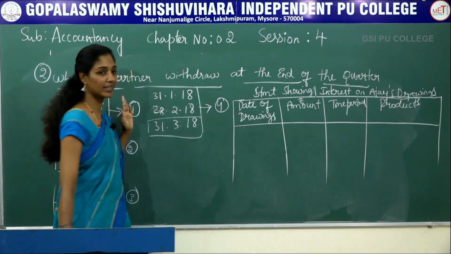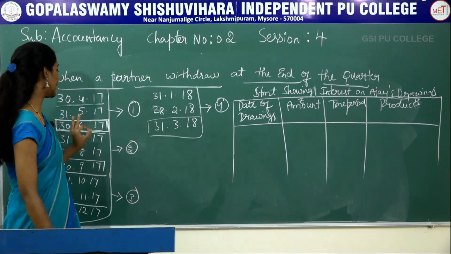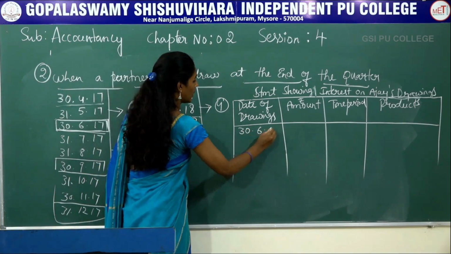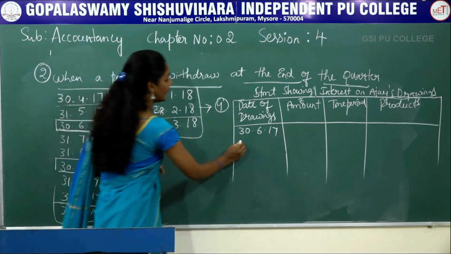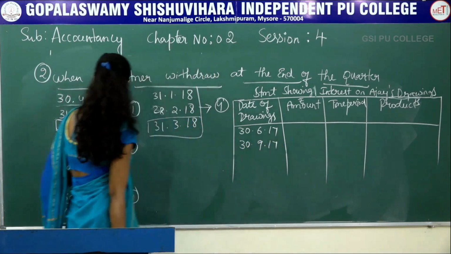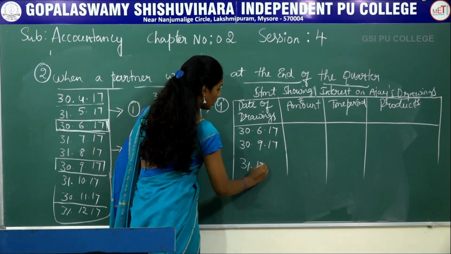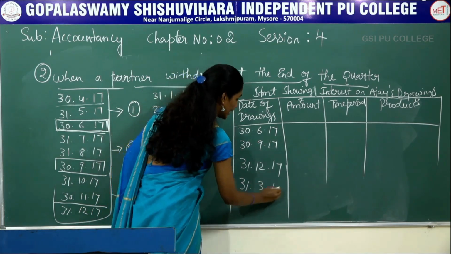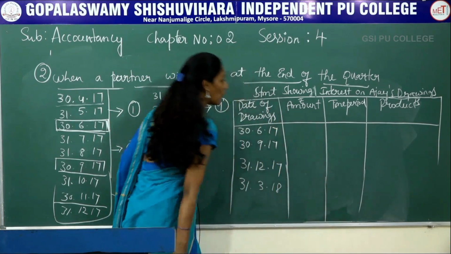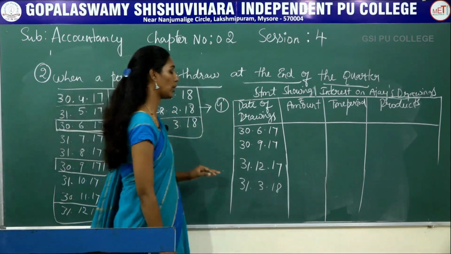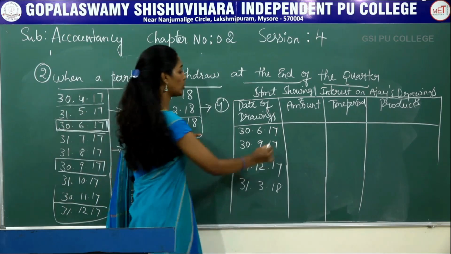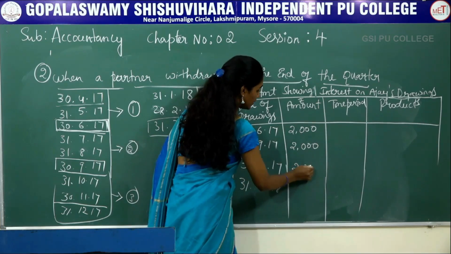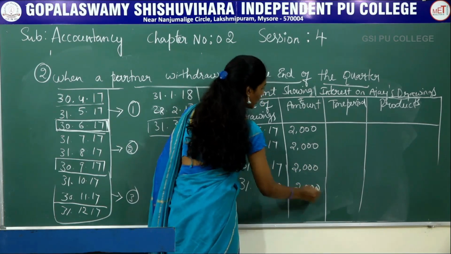So now with the help of this table we can easily find out the dates of drawings, that is 30/6/17, in the second quarter 30/9/2017, the next 31/12/2017, the next 31/3/2018. At the end of each quarter he has withdrawn a fixed amount, that is rupees 2000, 2000, 2000, 2000.